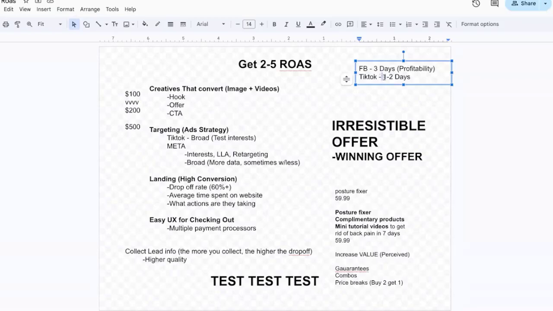I want to see more immediate results the first day, and or second day, and see how things are going. It all depends on how much you're spending. The thing about Meta is that if you get a profitable ad, you can hit it very consistently and get consistent results. Of course, with TikTok, you can get good consistent results too. But they both have their pros and cons.